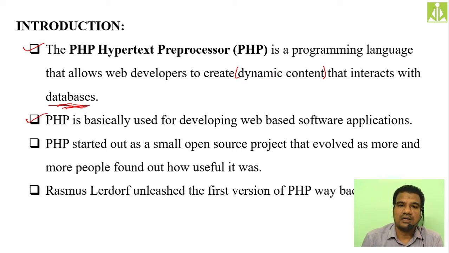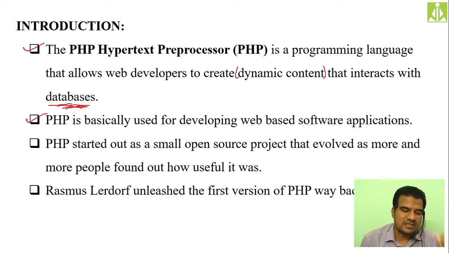It started as a small-scale open source project, and later more and more people were added to that group and started using this PHP, and they found that many of the advantages and features inside this PHP were not there in any other programming language. It was at the time of 1994 we are talking about.